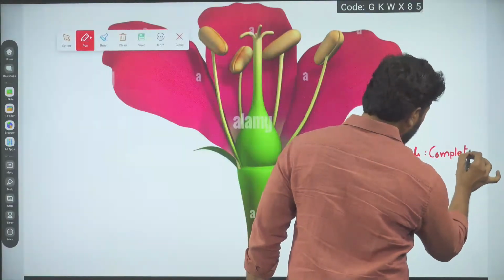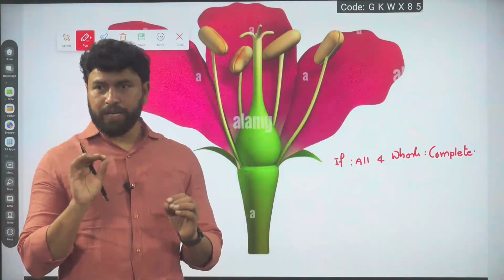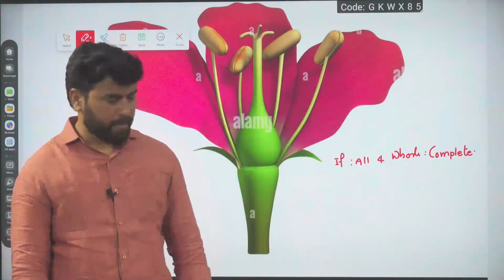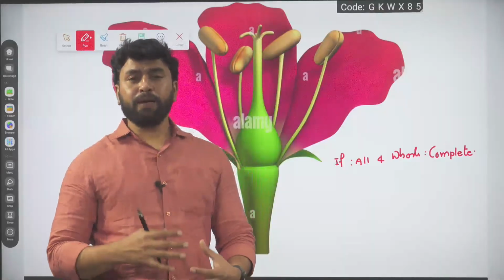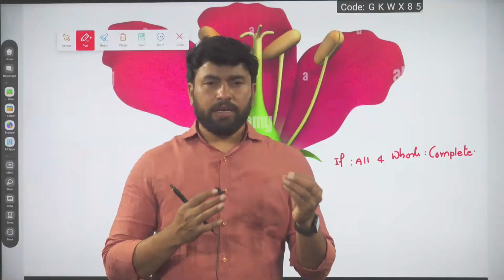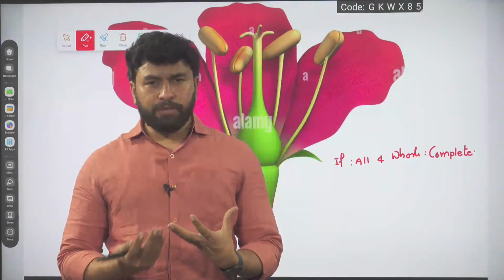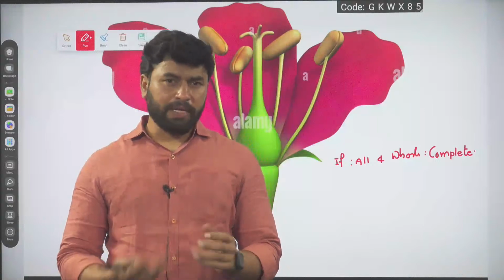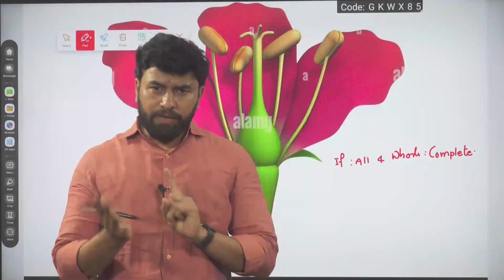If all four whorls are perfectly arranged and present, the flower is complete. If any one is missing, that flower is called an incomplete flower, which means in some cases androecium is absent, in some cases gynoecium is absent, in some cases sepals or even petals are absent.